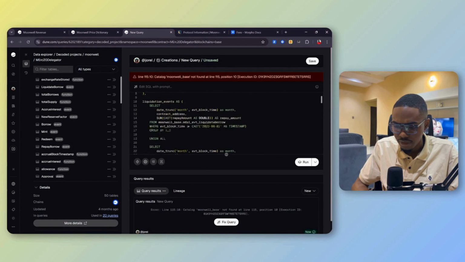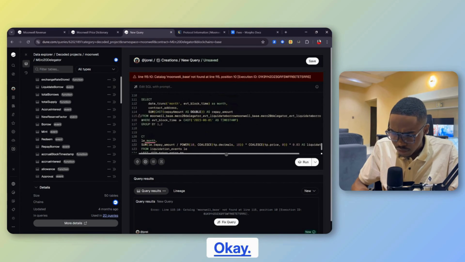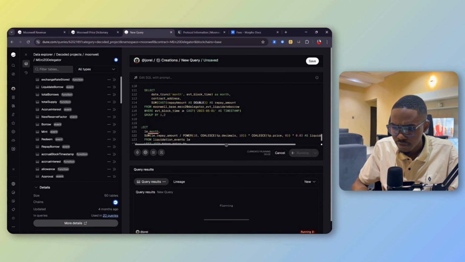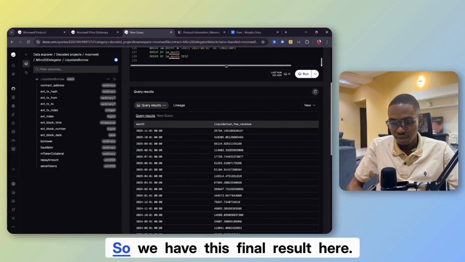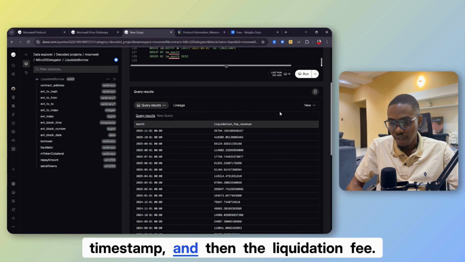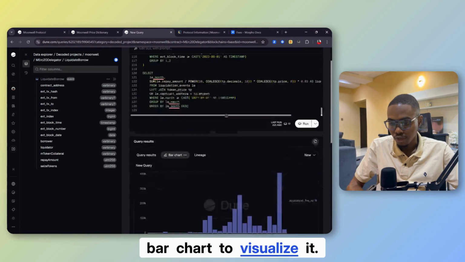Okay, this was duplicated. Okay, perfect. So we have this final result here. We have two columns, the timestamp and the liquidation fee, and we can just quickly plot a bar chart to visualize it.